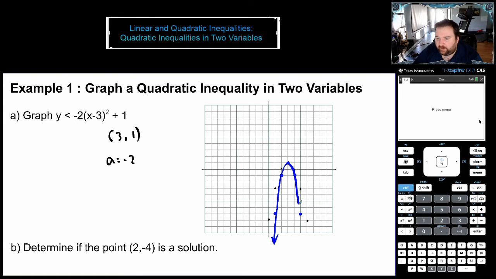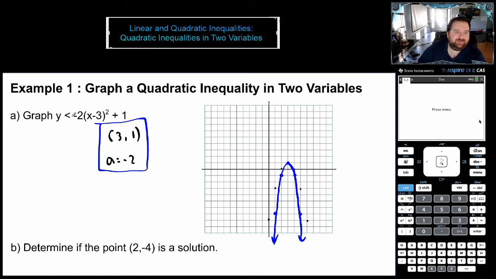And so there's our quadratic, right? It's pretty easy as long as you know these things. If you need a refresher on this, go back to the quadratic unit. But you can see I don't really need to do a table of values. Just by understanding what the a value does and comparing it to my normal x squared points and multiplying them by 2, I'm able to come up with this graph very quickly.